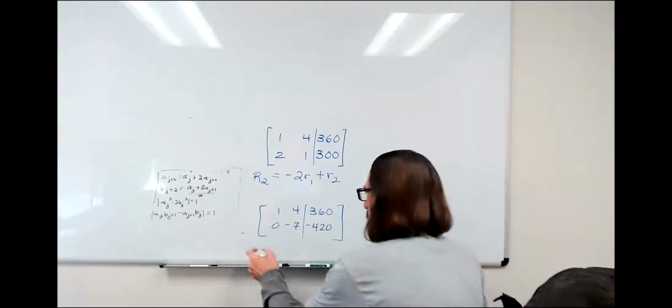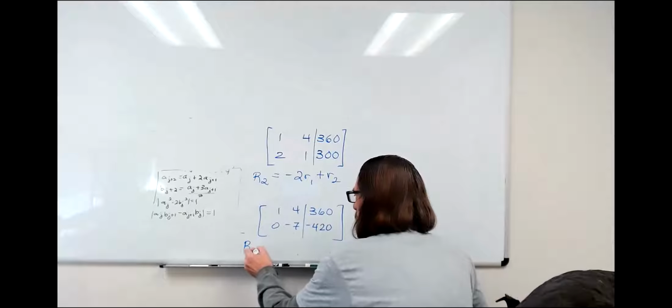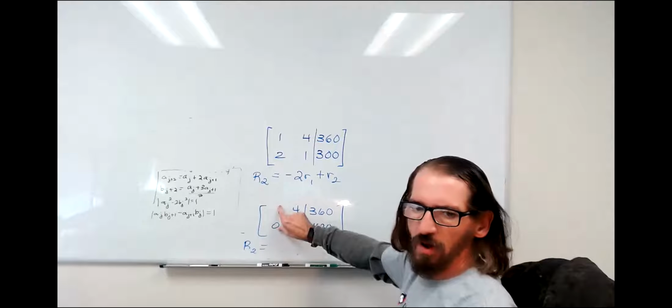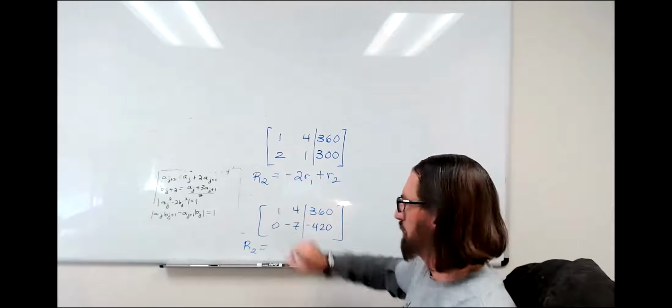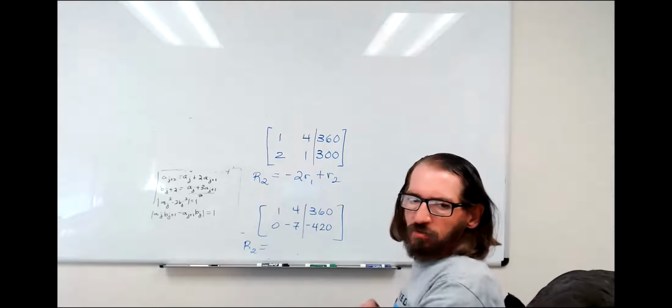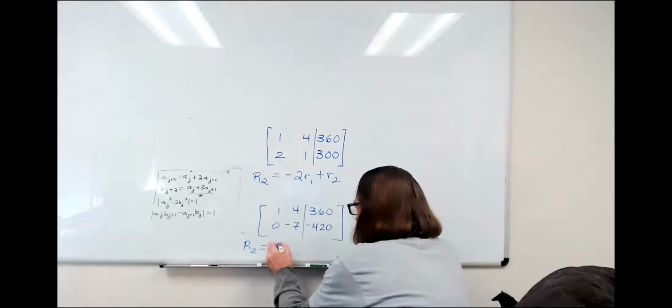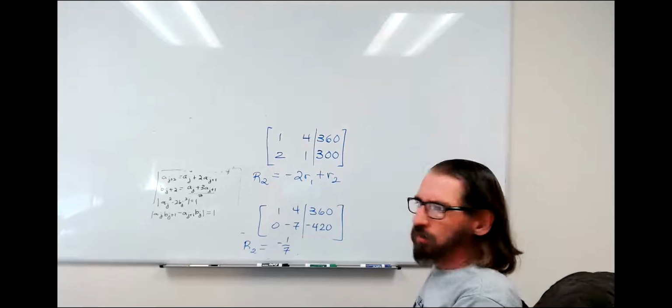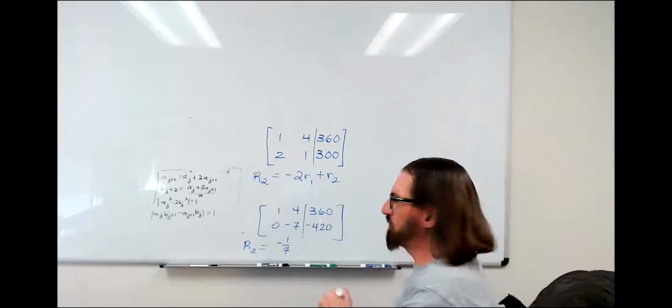So I'm going to get a new row 2 from that, get a 1 on the diagonal since I've got my unit column in column 1, multiply everything by -1/7, i.e. dividing everything in row 2 by -7.